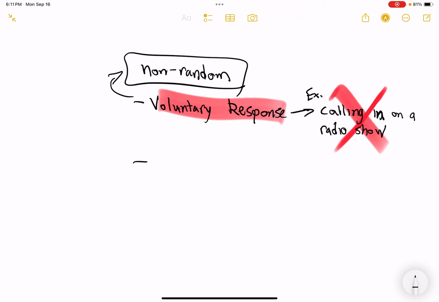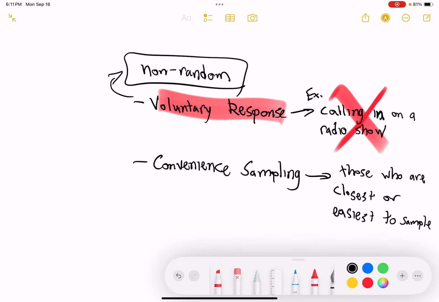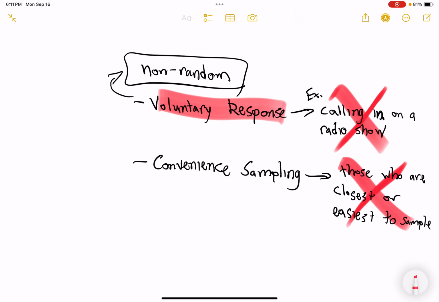Another thing that's not random is convenience sampling, which is when you just interview or sample those who are closest or easiest to sample. And again, that might seem random to you, but no. There is nothing random about that at all.